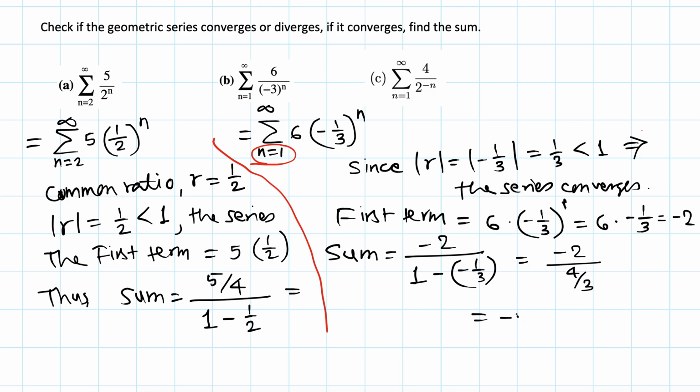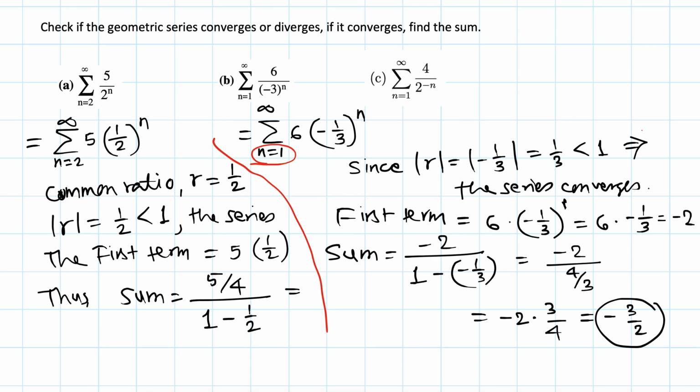So negative 2 on the top, change this division into multiplication, 4/3 becomes 3/4. 2 goes into 4 two times, so negative 3/2. That's the sum.